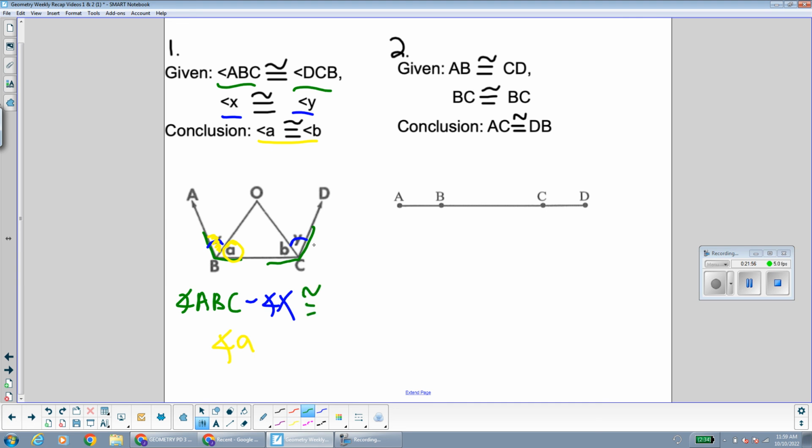Over here, we're starting with the big angle DCB. And if we take away angle Y from angle DCB, we're left over with angle B.